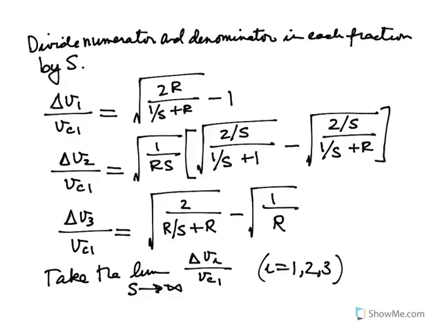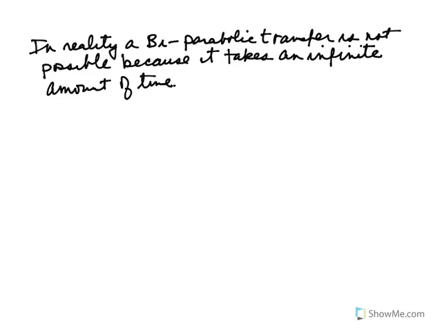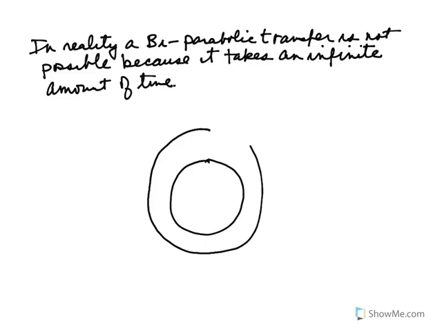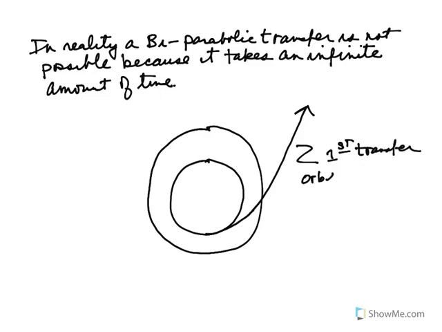So if you go all the way back to these impulses, you'll see that we said that the process was that you're making that intermediate apoapsis infinity. So that means that the outbound, or the first transfer orbit, is actually a parabola. So the first transfer orbit is parabolic for the biparabolic transfer.